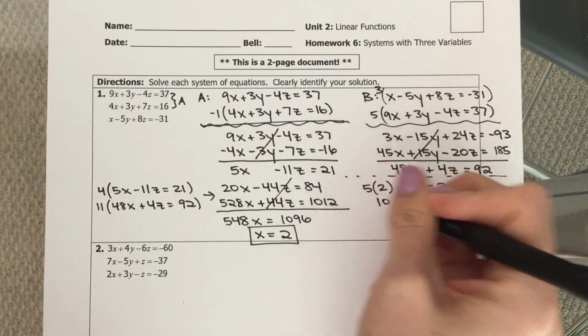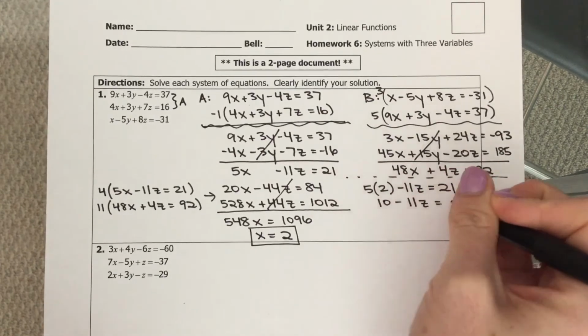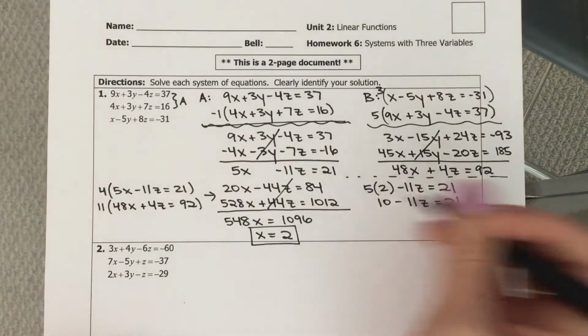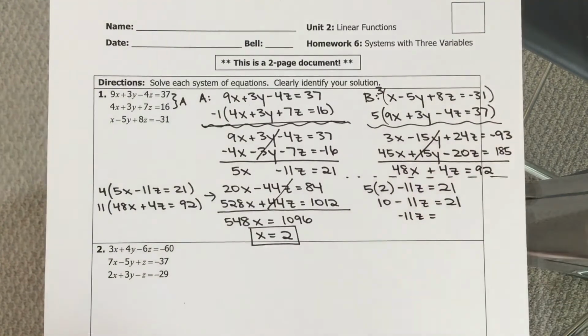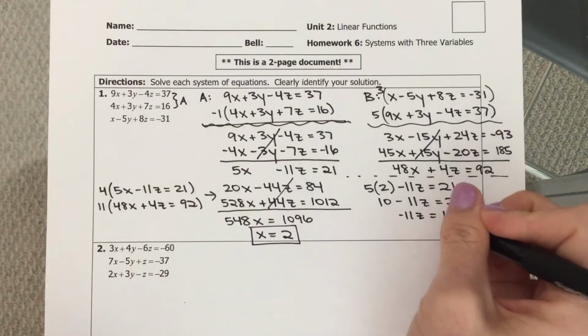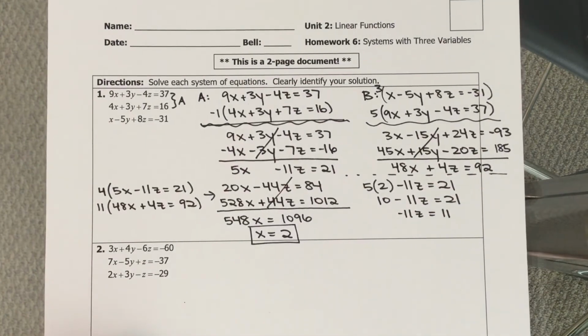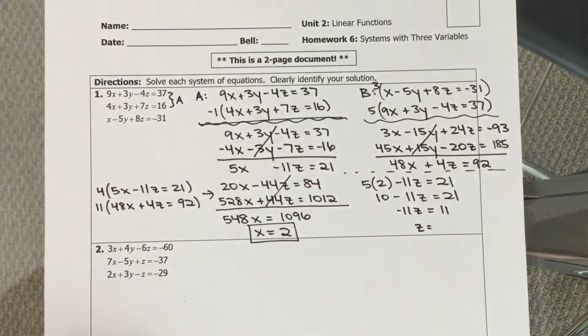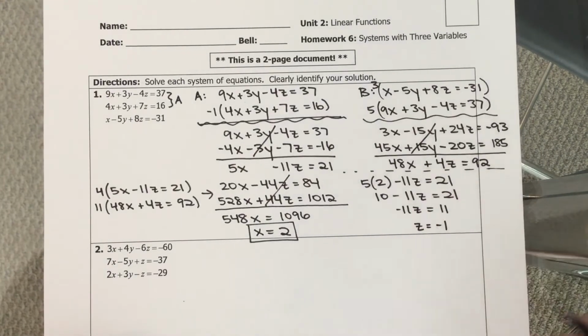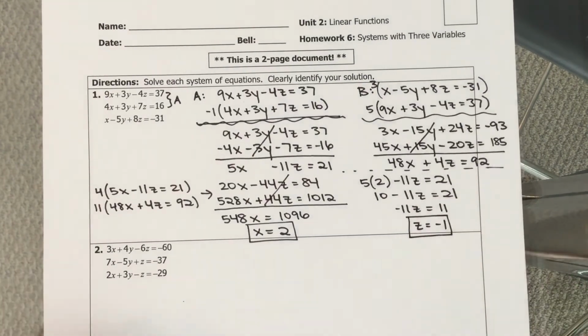Okay, so 5 times 2 is 10. Next thing I'm going to do is subtract that 10 from both sides. So without the 10, the left-hand side just has a negative 11z, and then 21 minus 10 is 11. And divide both sides by that negative 11, so the z ends up by itself. 11 divided by negative 11 is negative 1.